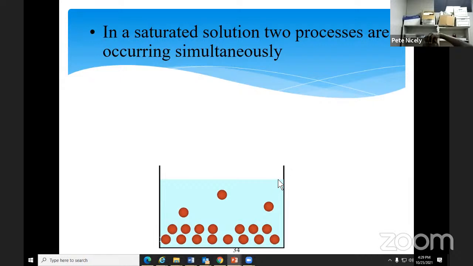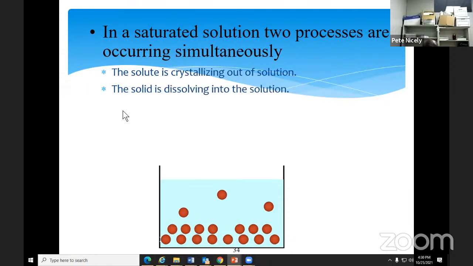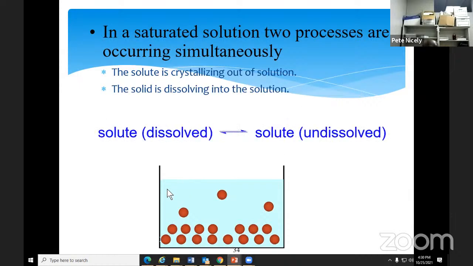So basically in a saturated solution, what you're going to have are two processes that are occurring simultaneously. You're going to have the solute crystallizing out of the solution. In other words, the solute is coming out of solution to form the solid solute, and then you're going to have the solid solute dissolving into the solution. So you have this back and forth taking place between the undissolved solute and the dissolved solute, where the rate of the process going from dissolved to undissolved will be equal to the rate of the process going the other direction.